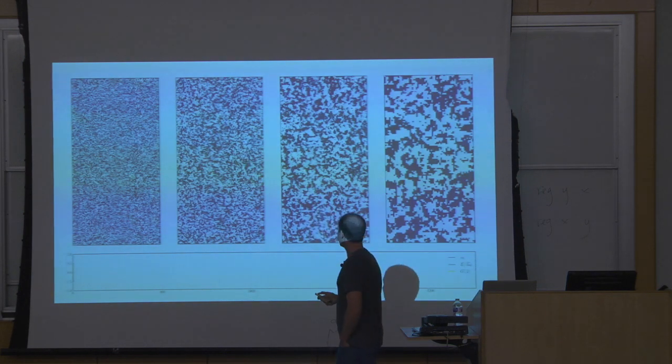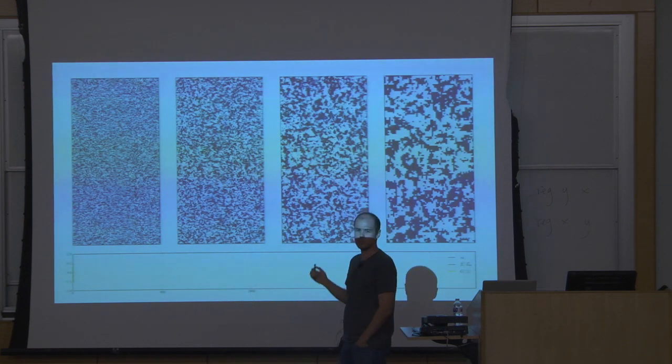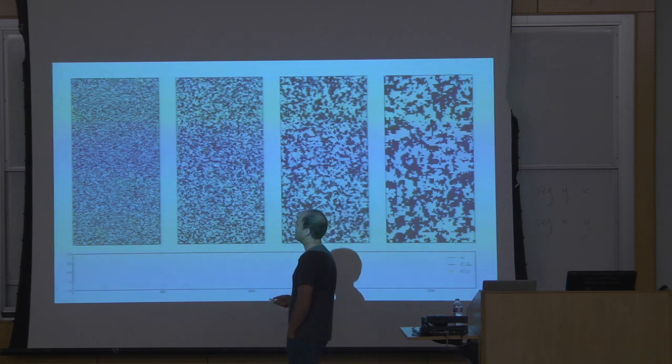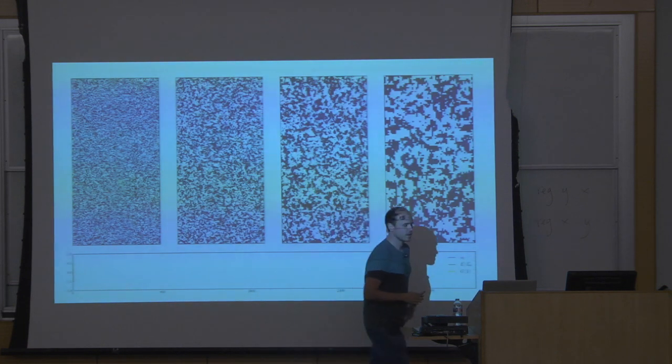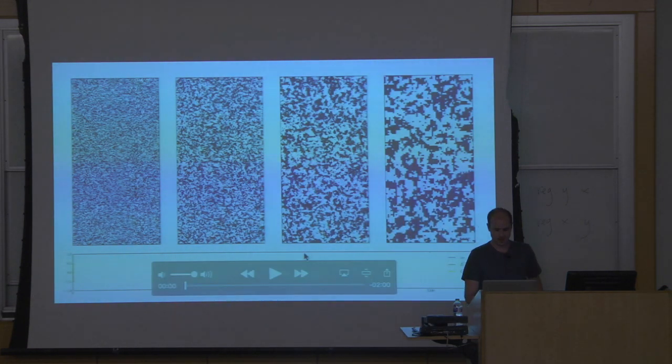So for example, which one is the most zoomed in? Right. The one on the right is the most zoomed in, and the one on the left is the most zoomed out. So we're going to evolve this system, and what I want you to do is compare each slide and see what happens to them relative to each other.